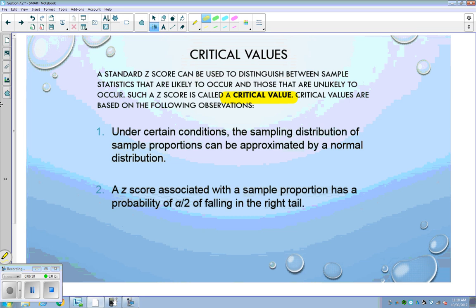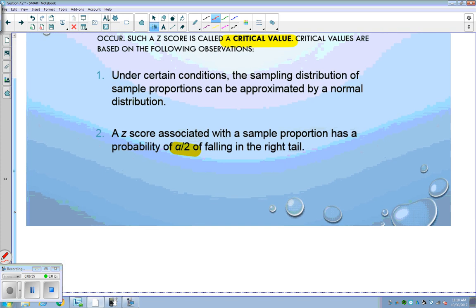A z-score associated with the sample proportion has to have a probability of alpha divided by 2 falling to the right in the tail. We just studied that, and that was on your test. I said it's going to become more important again. I think I put that problem on the test, or maybe I put 0.05, I forget. You have different numbers on your test.